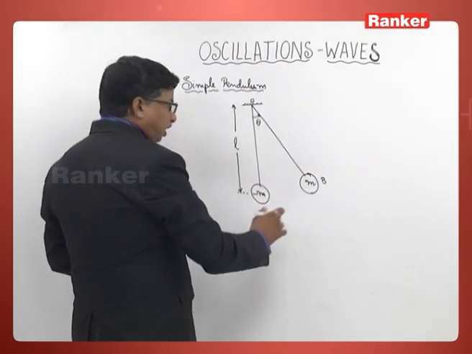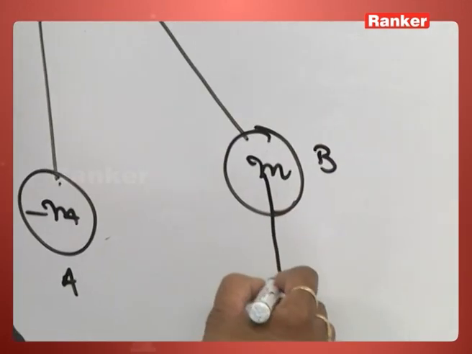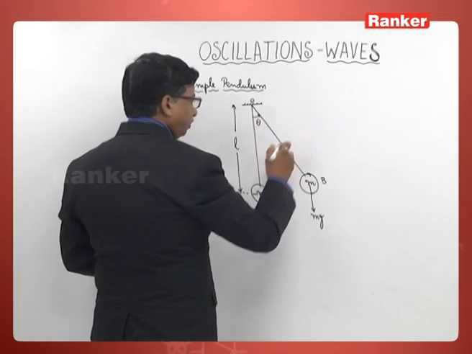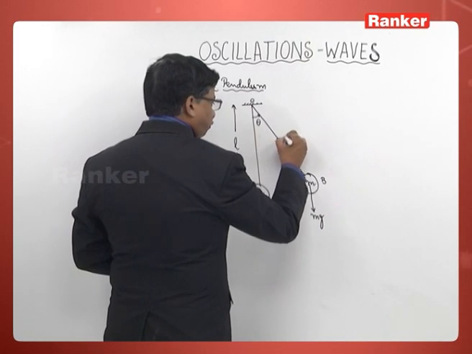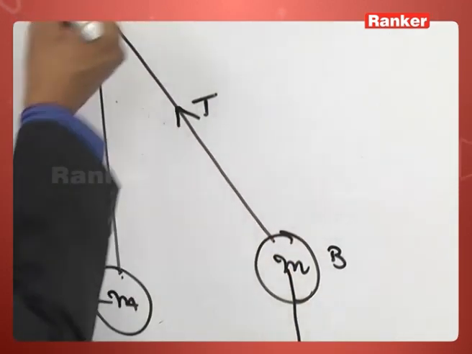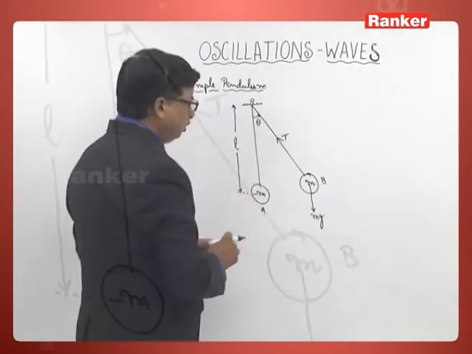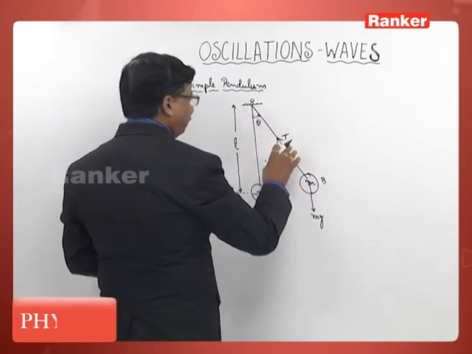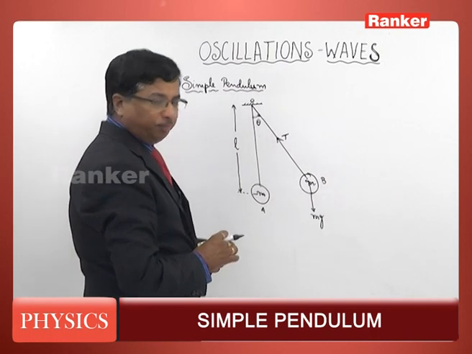Now in this regard, we all can understand well that weight is acting vertically down and the tension in the string acts towards the point of suspension. These are the direct forces we can understand as far as the situation is concerned.